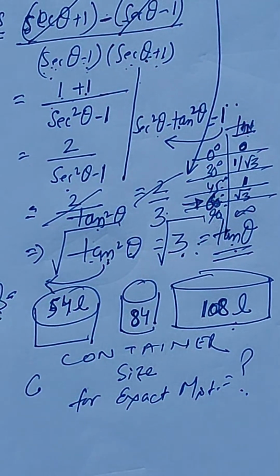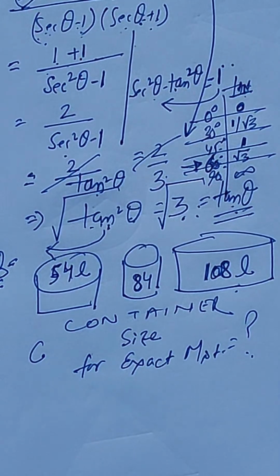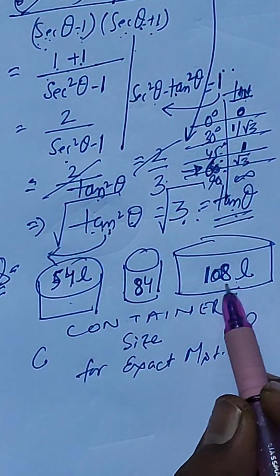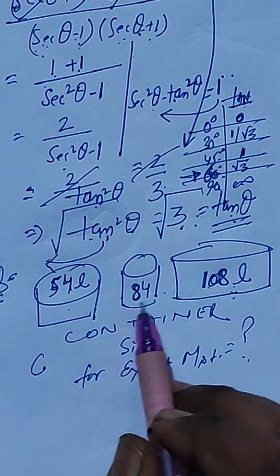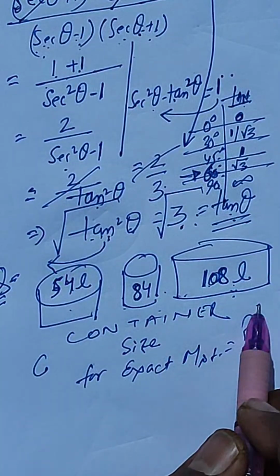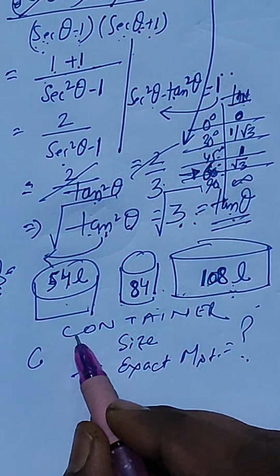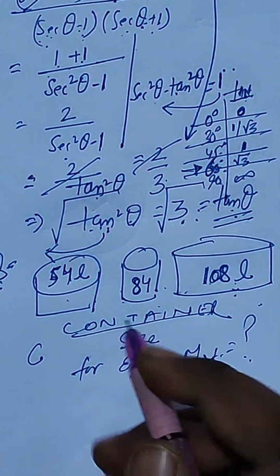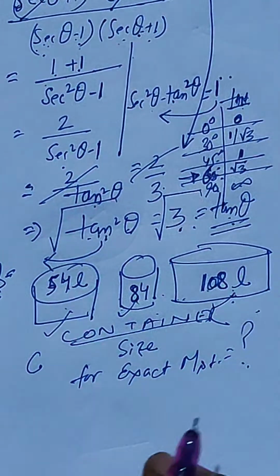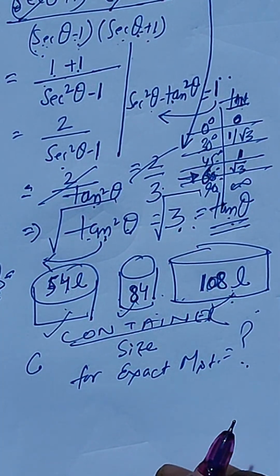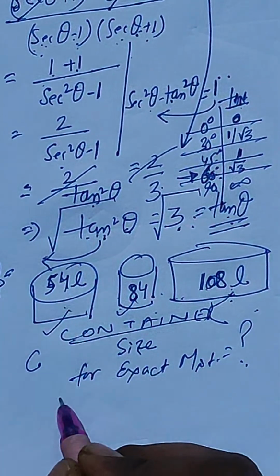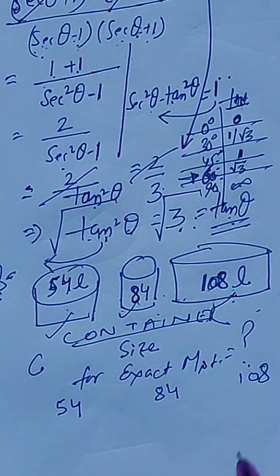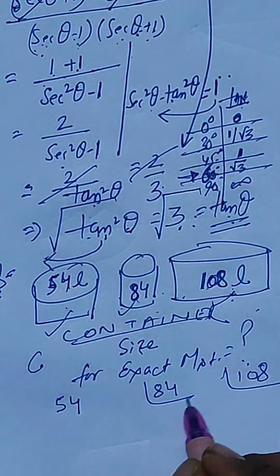In such questions, just simply understand we need to find the HCF, highest common factor, because that common factor will be the size of the container, or the common size which we will use to measure all these three volumes, right? So simply take the HCF of 54, 84 and 108, out of these three.